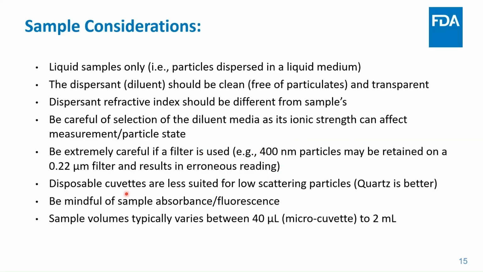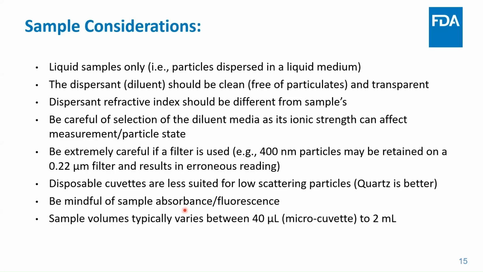Filtering, of course. There are disposable cuvettes, but in general, for a lot of situations, you have a set of nice optical quartz cuvettes for doing measurements. And something I didn't mention is that samples that absorb and fluoresce can cause problems.